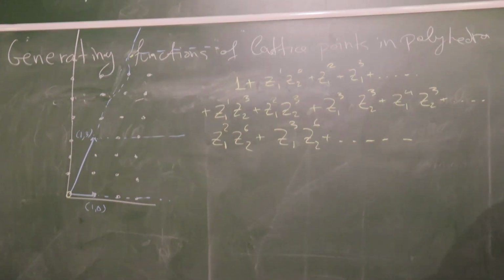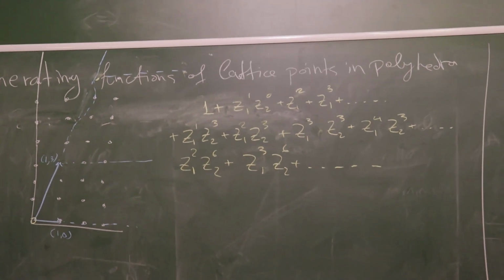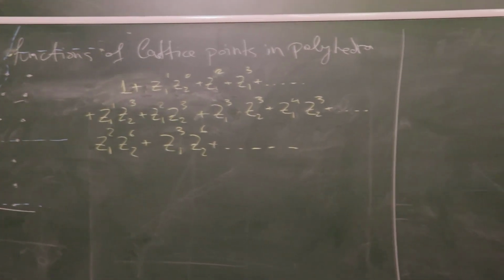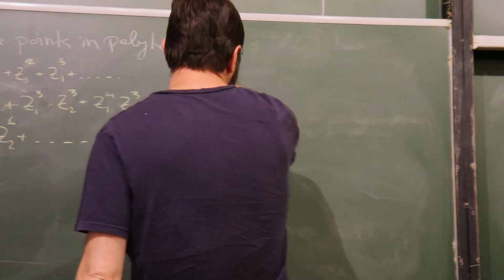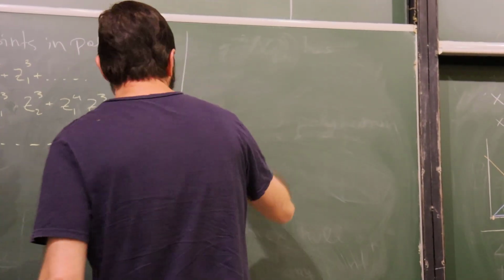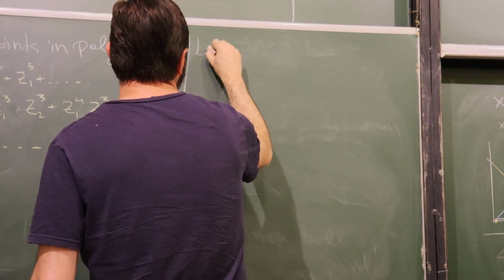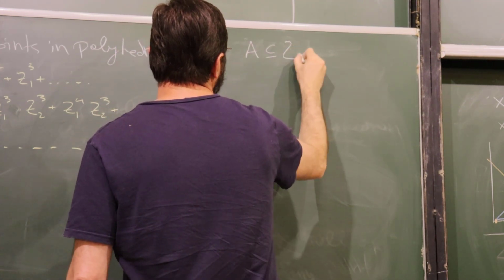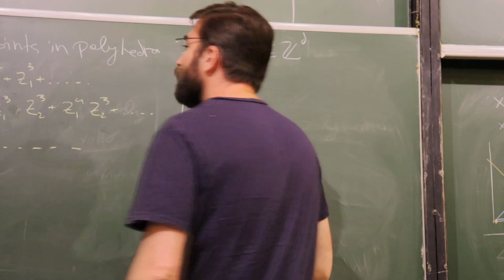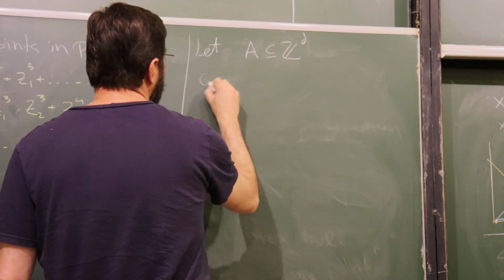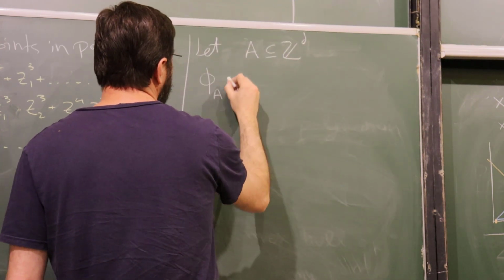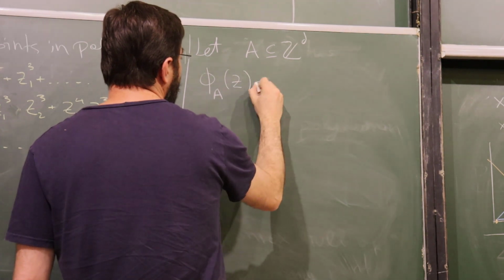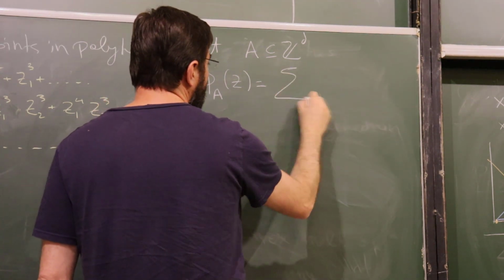Okay, now let me tell you about generating functions and how I understand them, or what I will mean by generating function. Let's say we have a subset A of Z to the d. Now, phi_A of z is the following sum.